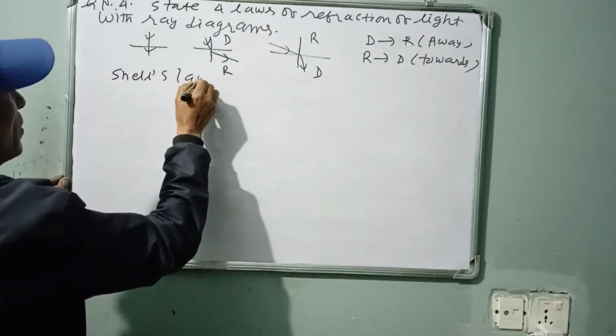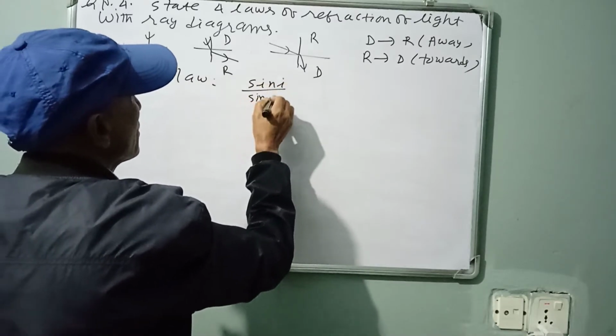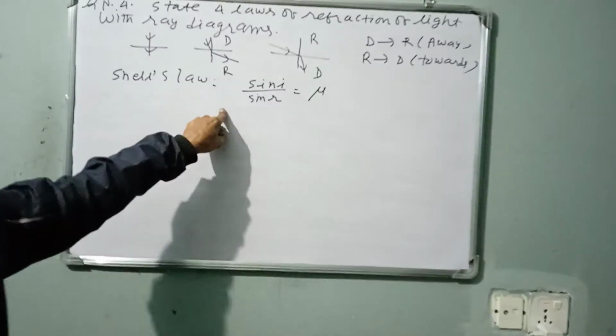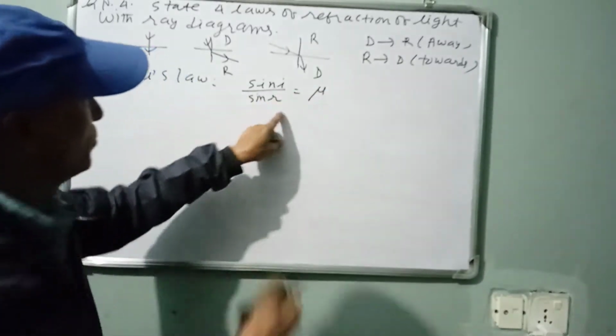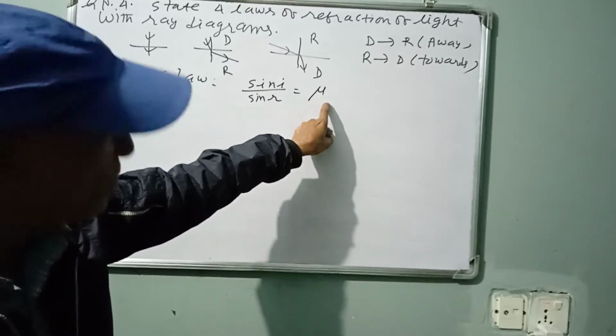Snell's law: sin i by sin r equals mu. How to state this mathematical expression is very important. Mu is the refractive index.